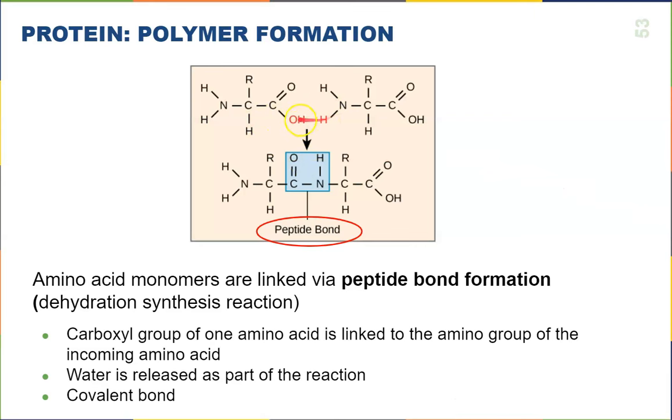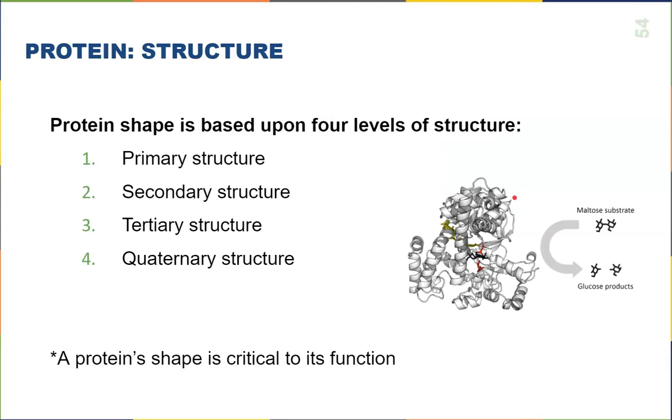This H and OH are going to combine, they're going to be shuttled off somewhere, and that leaves room for a bond to occur. So that's a peptide formation. Proteins, you might hear them called polypeptides, protein, polypeptide, typically interchangeable, and they're formed by peptide bond linkage.